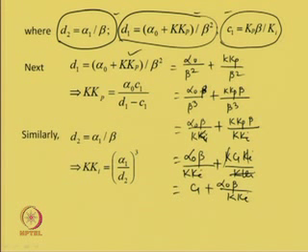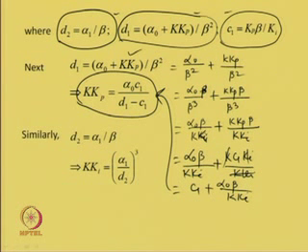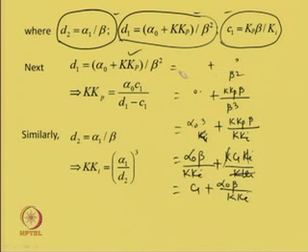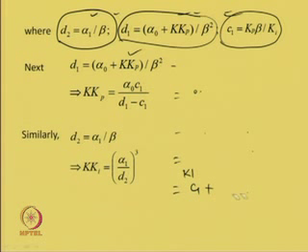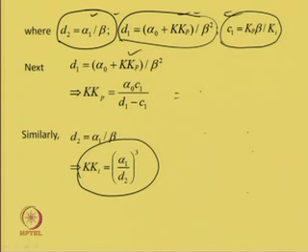So, manipulating this, it is not difficult to write the expression for k Kp as k Kp equal to alpha0 C1 upon D1 minus C1. Similarly, using the three expressions for D2, D1 and C1, it is not difficult to write the expression for k Ki as alpha1 upon D2 to the power 3.